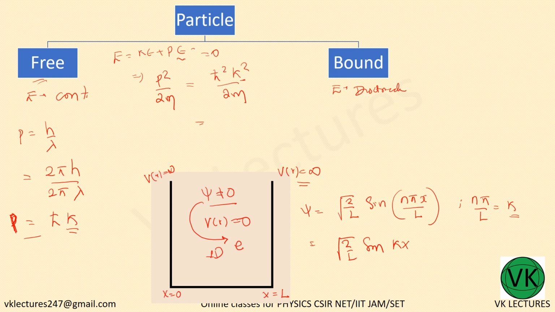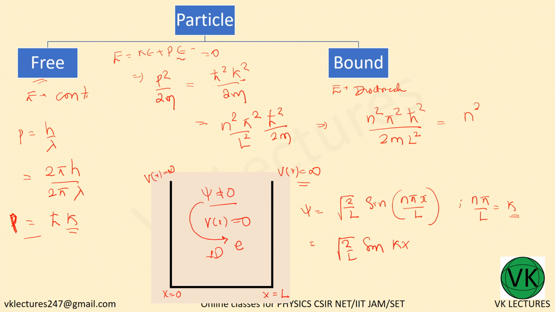We can write n square pi square by L square as k square, so that is equal to n square pi square h cross square by 2m L square. This you can write as n square into pi, h cross, 2m and L, all of which are constants.